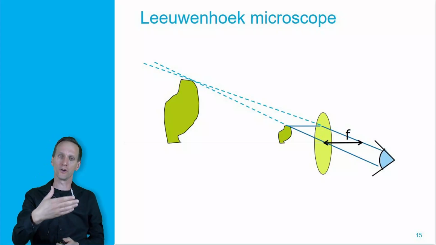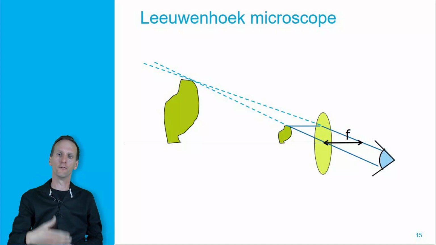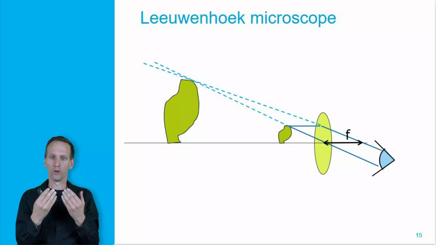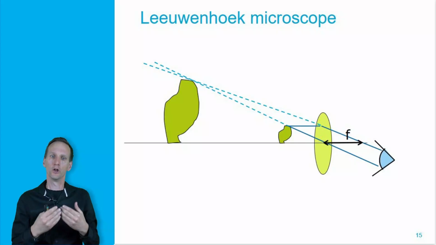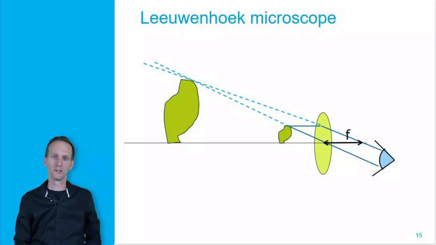We can ray trace the rays in the same way as we did before, only now we have to realize that we put the sample in the focal plane of the lens. So now if we look with our eyes through the lens, the object seems to appear from further away behind the lens, giving us again a magnification.